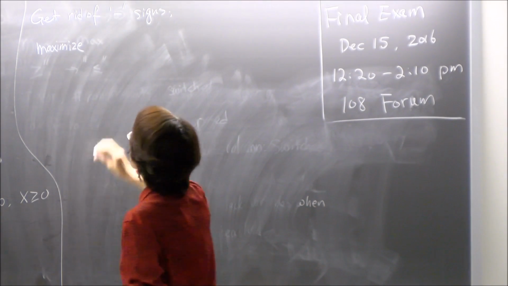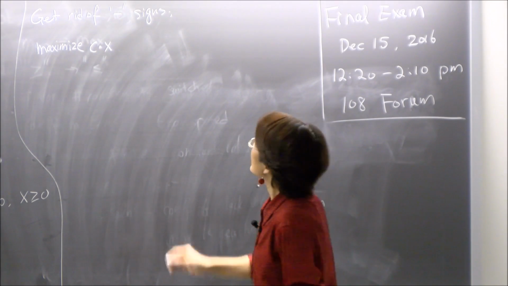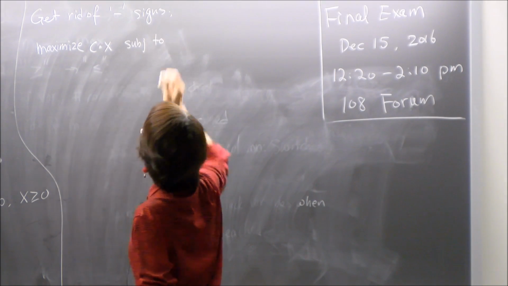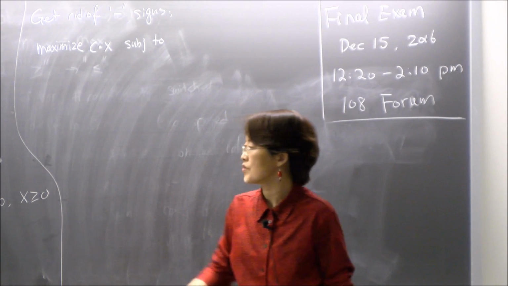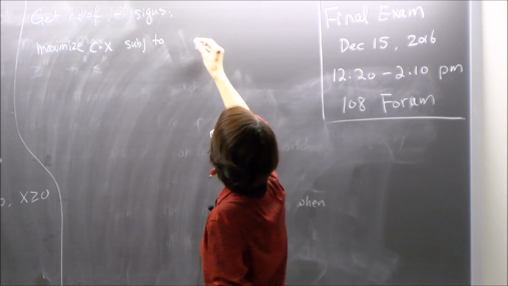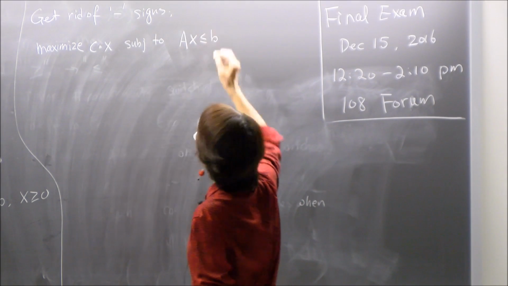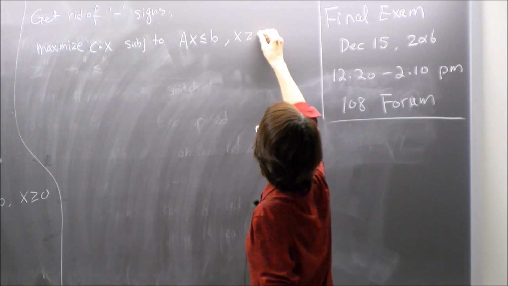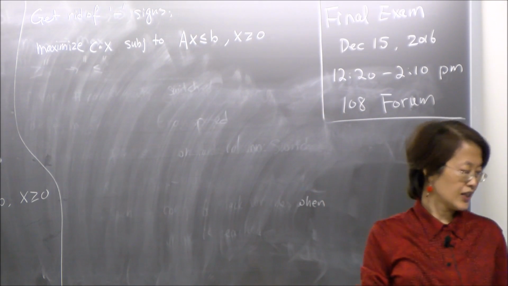I would maximize c dot x, okay? And subject to, if I multiply -1 on this constraint, I have to flip the inequality. So I'll have A x less than b, right? x bigger than 0. So what did I get in the end?